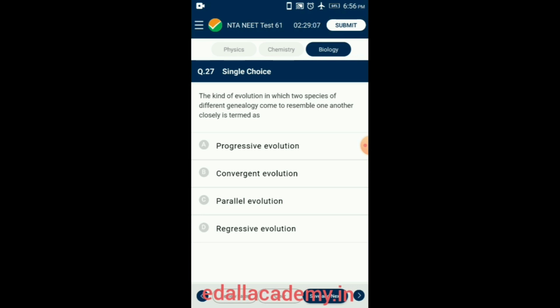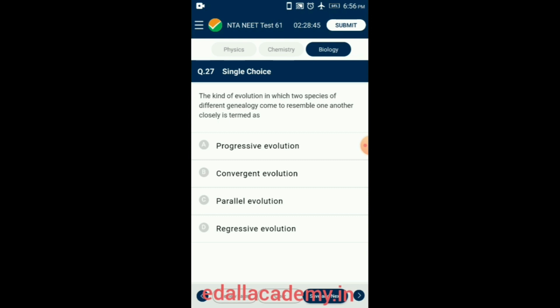Parallel evolution is the formation of similar traits in related groups of organisms independently due to similar requirements. For example, running of two, that is two toed deer and one toed horse.